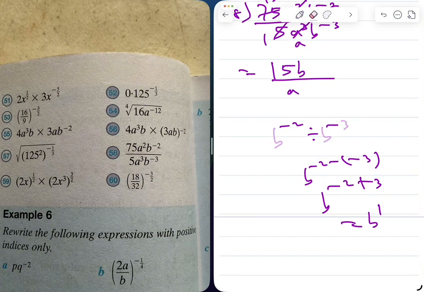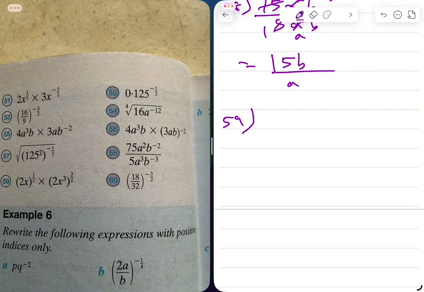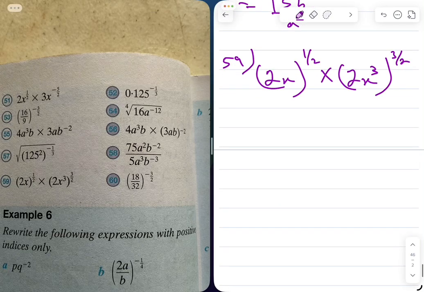Now to the next. Number 5c. That's 2x raised to the power 1 over 2 times 2x cubed raised to the power 3 over 2.